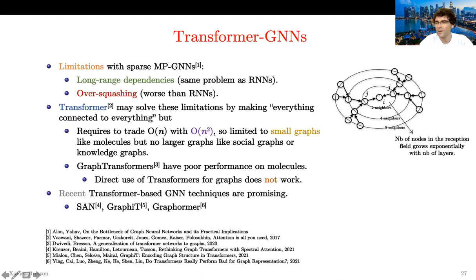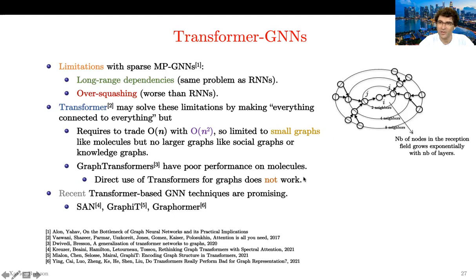We will not be able to apply this technique to larger graphs like social graphs or knowledge graphs. We did that already last year, and GraphTransformers actually have poor performance on molecules. So a direct use of the transformer on graphs doesn't really work well compared to other competitive techniques.